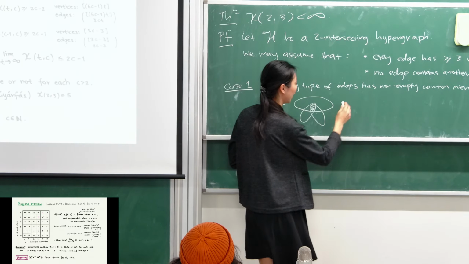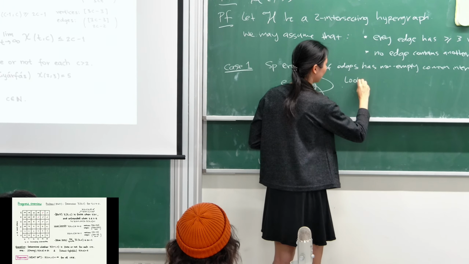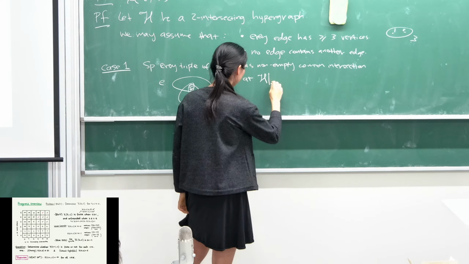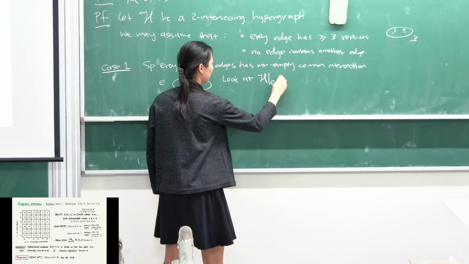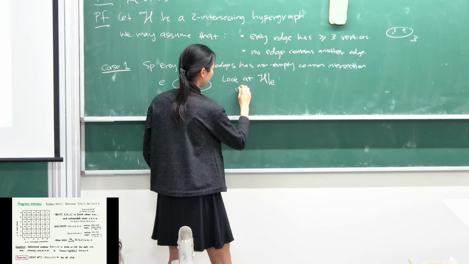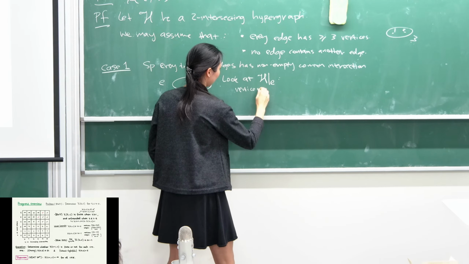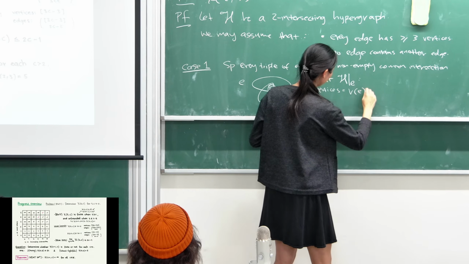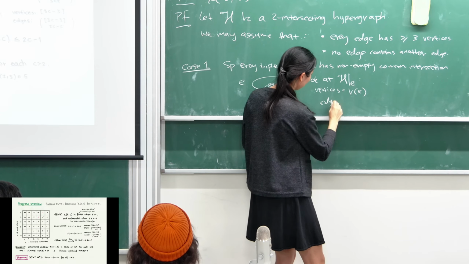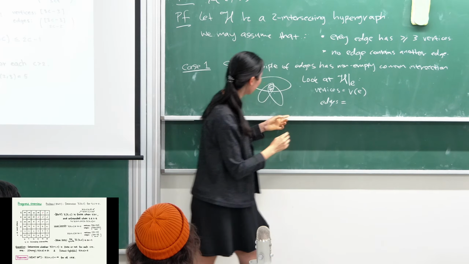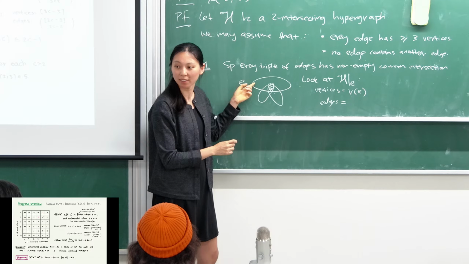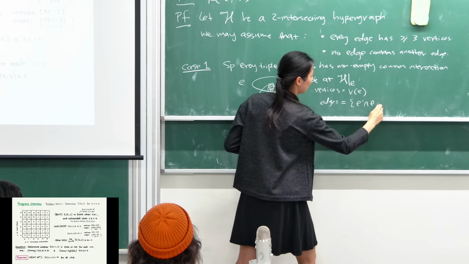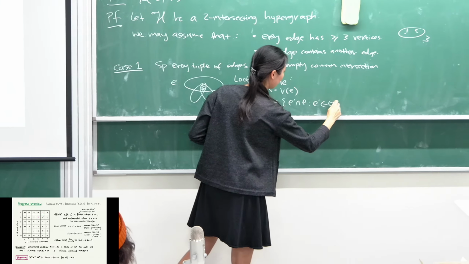So I'm going to look at an auxiliary hypergraph, which I'll call H restricted to E. So what this will have is the vertex set is just the vertex set of E itself. And for edges, we're just going to look at the restriction of every edge to E. So let me write this as E prime intersect E for E prime in the edge set of H.